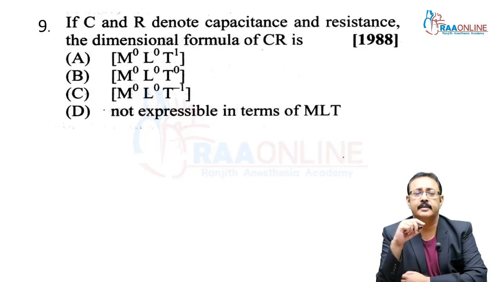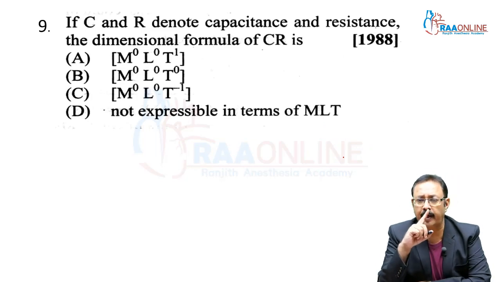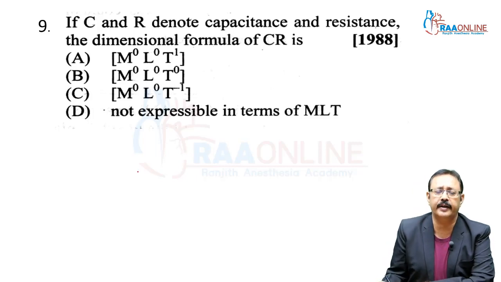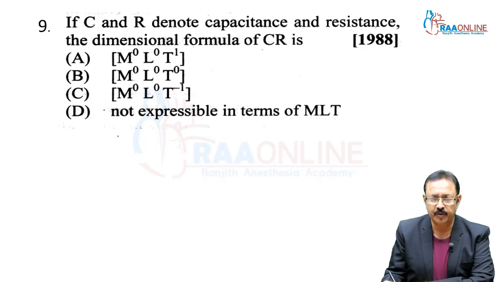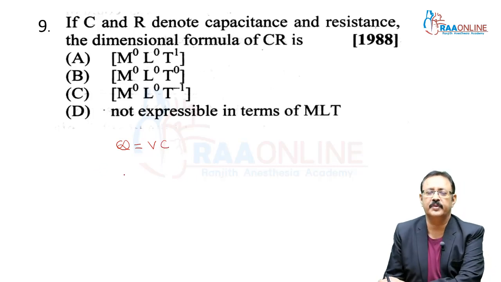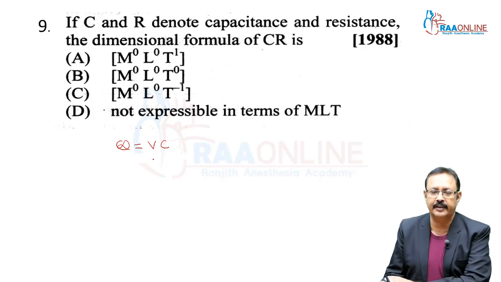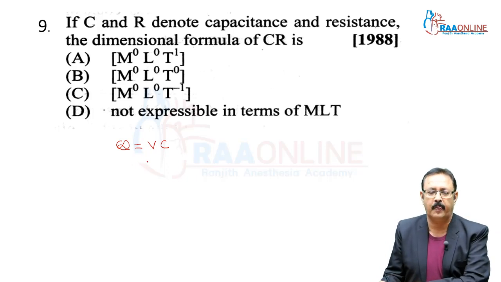Next, C and R denote capacitance and resistance. The dimensional formula of CR is? What is CR? Again, in so many ways you can calculate it. You know that Q is equal to V into C. First I am solving in this way, then I will tell you one more thing.